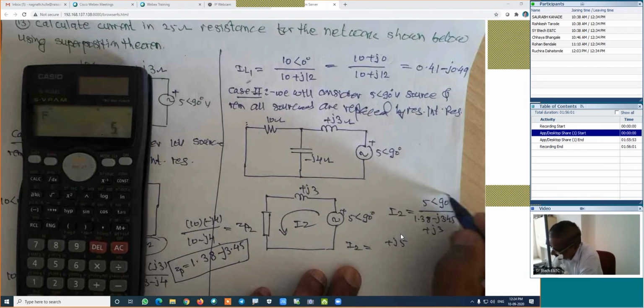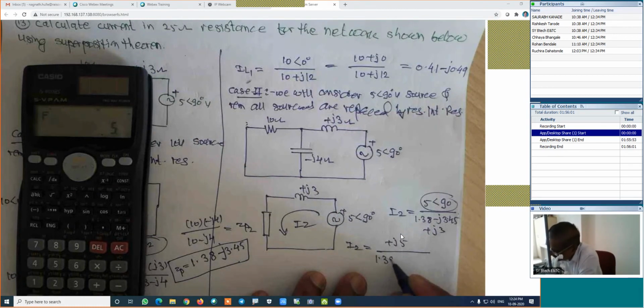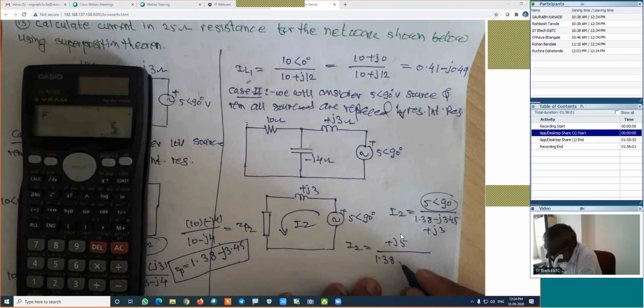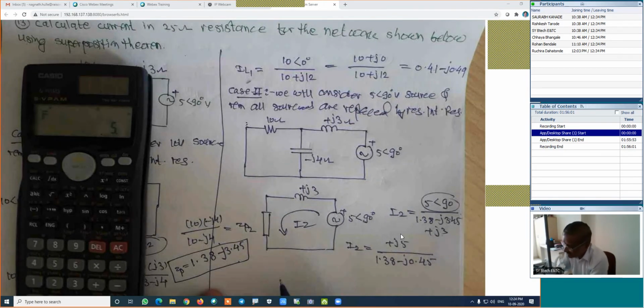This conversion is divided by this value 1.38 minus, this is a plus value j3 and this is 3.45. Its resultant value will be minus j0.45. How much is the total current now?